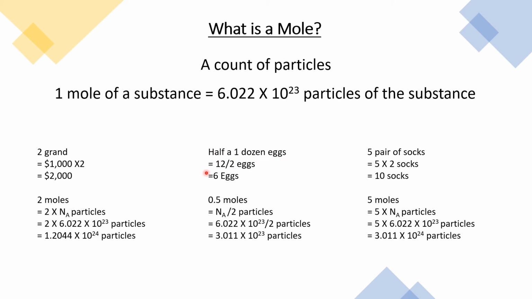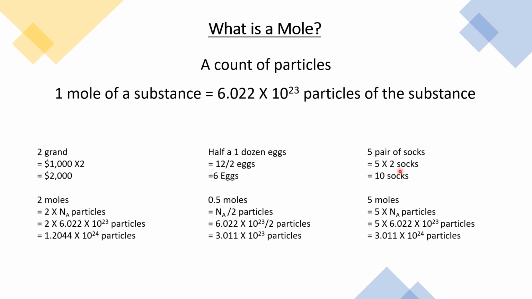If I have half a dozen eggs, I take my 12 or dozen eggs and divide that by 2. I end up with 6 eggs at the end. Now, if I have half a mole or 0.5 of a mole, I take the Avogadro constant and divide it by 2. So 6.022 times 10 to the 23, all divided by 2. And that gives me 3.011 times 10 to the 23 particles. Now, I could also have 5 pairs of socks.